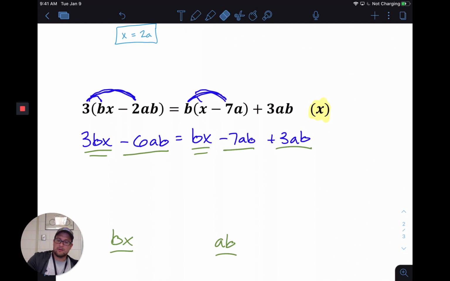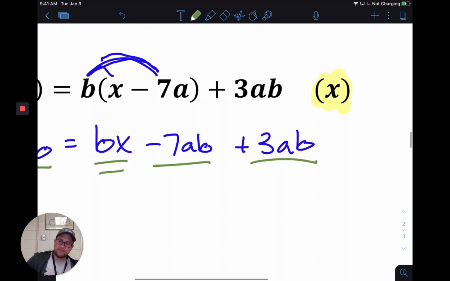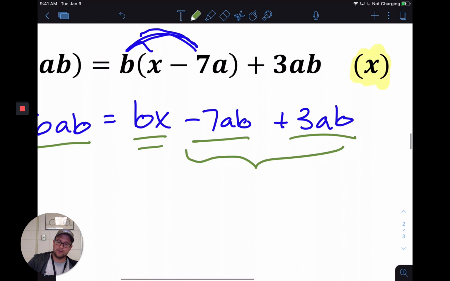Before I do that, I notice that I have these two same things, so let's put those on the same pile while we're here. I would be left with bx, that part won't change. If I have negative 7ab and I add 3ab, that would leave me with a minus 4ab.